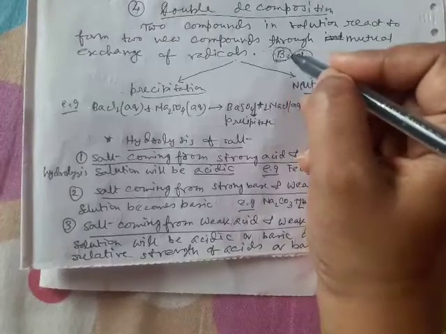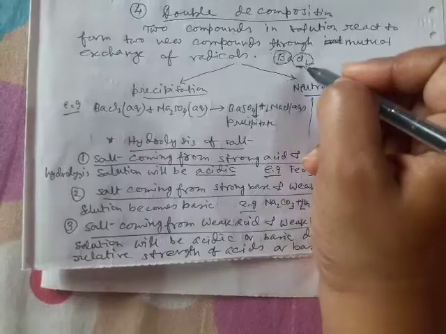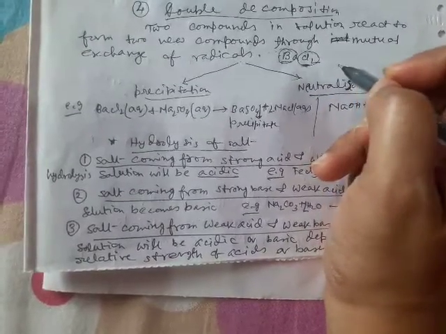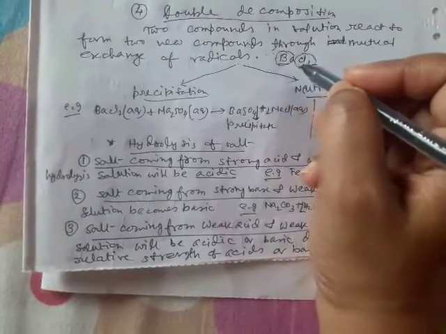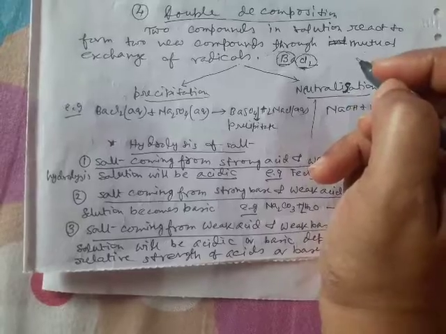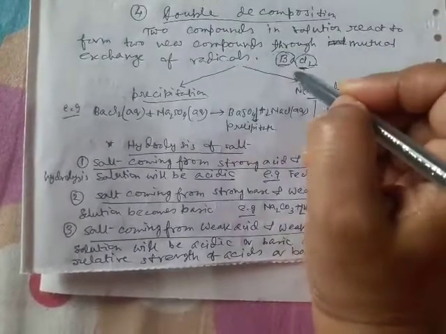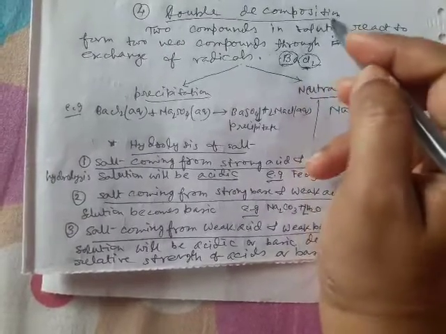One is the basic radical, that is generally a metal, and the other is the acid radical, that is generally the anionic part. So when any two compounds combine to form two other new compounds by mutual exchange of radicals, this type of reaction is called double decomposition reaction.